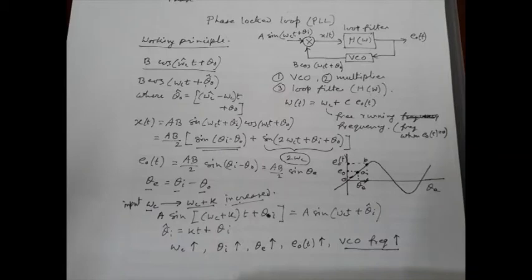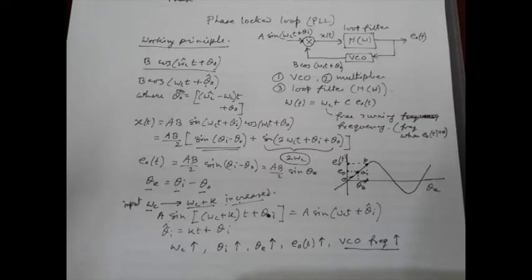So we can say that the PLL actually tracks the input signal. Now the two signals are said to be mutually phase coherent or in phase lock. The VCO thus tracks the frequency and the phase of the incoming signal.